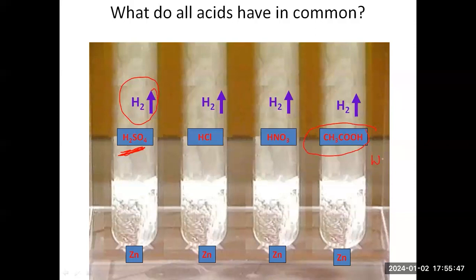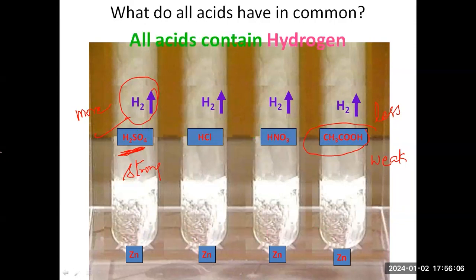Acetic acid is a weak acid, whereas sulfuric acid is a strong acid. So the hydrogen gas produced in sulfuric acid will be more as compared to acetic acid, right? So this is one common thing.